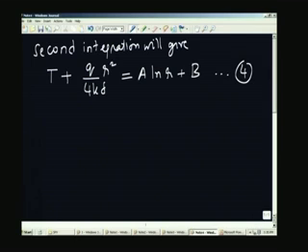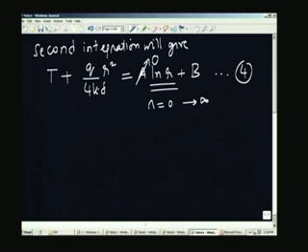Now you see that at r equal to 0, this becomes infinite, tends to infinity. Therefore this has to be equal to 0. That is why I said the temperature must be finite at the origin. At r equal to 0, it cannot become infinite, and therefore this term goes to 0.